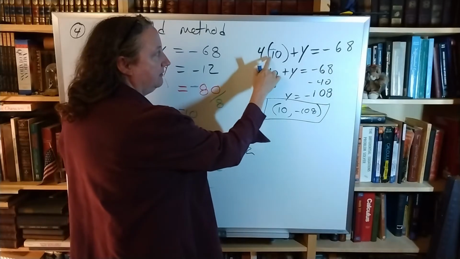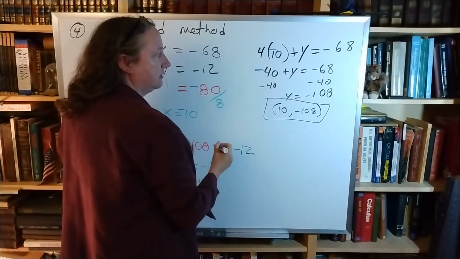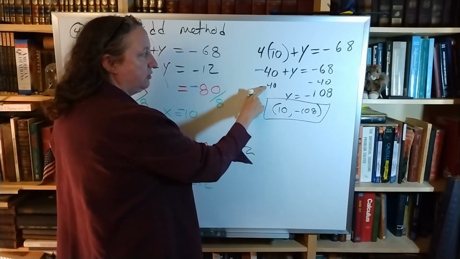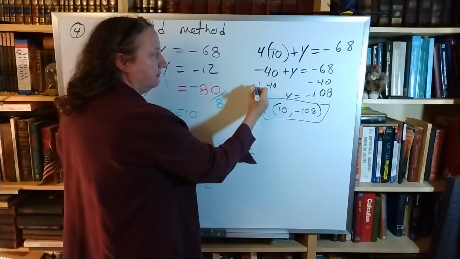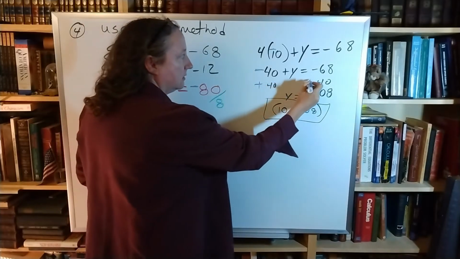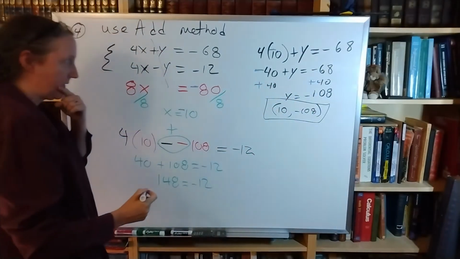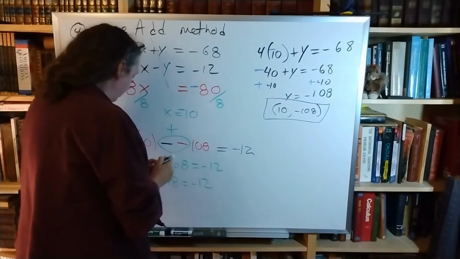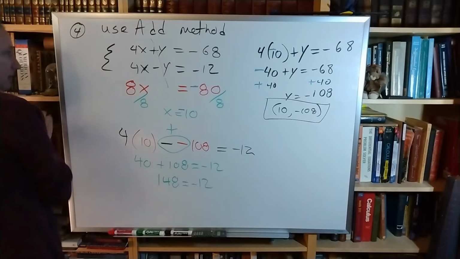So positive times a negative is a negative. And in order to get rid of that negative there, I shouldn't have been subtracting. I should have been adding. So that means that this answer is wrong, and I need to erase that.